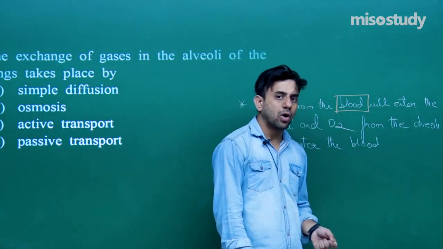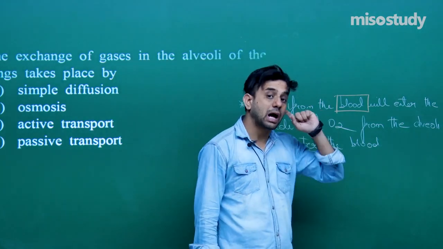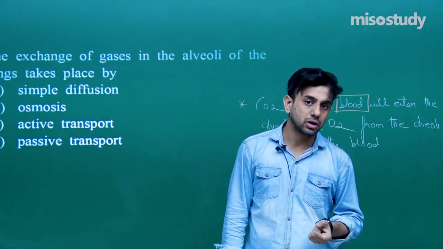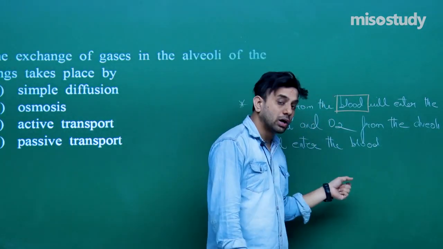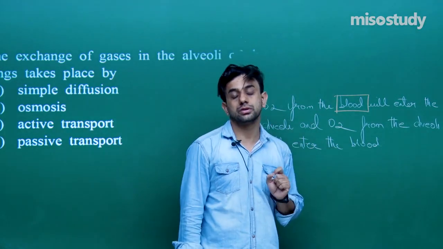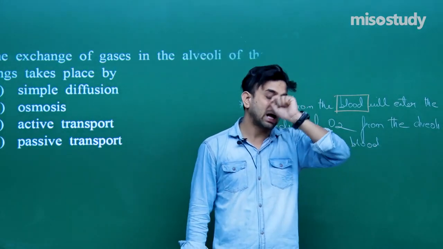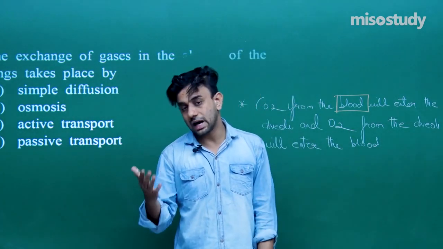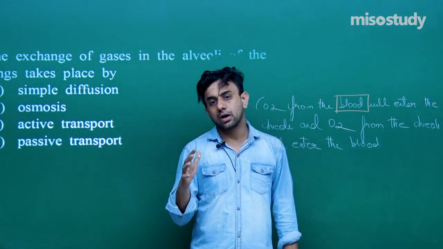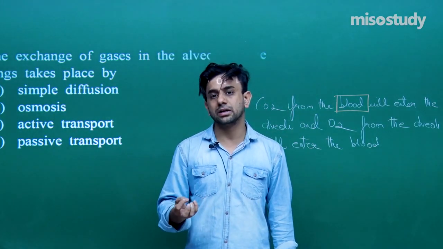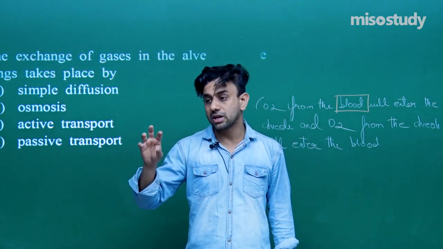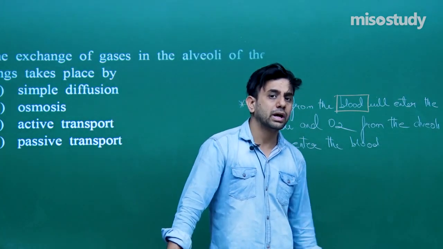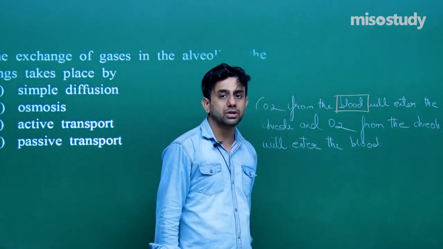Now we already know that the carbon dioxide will be in a higher concentration in blood than in the inspired air, because inspired air is having more oxygen, and similarly the oxygen concentration will be more in the inspired air than that in the blood, because carbon dioxide is given out by the tissues, dissolves in the plasma and then gets transported in the blood.